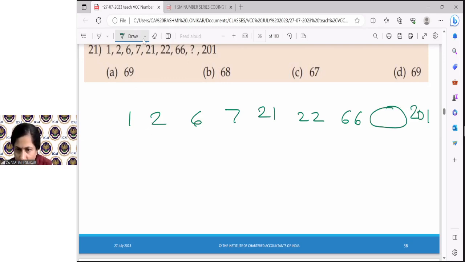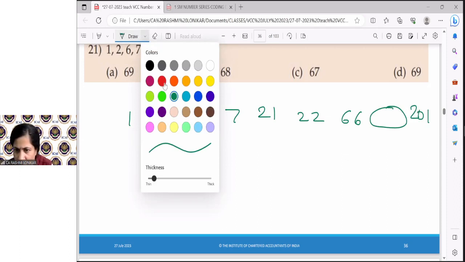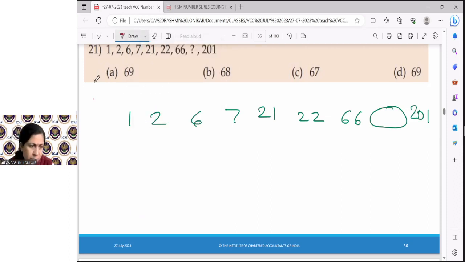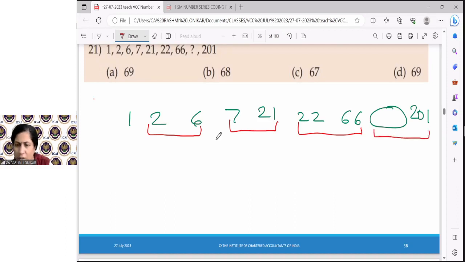Again, I try to find out whether I can make the pairs. 2, 3s are 6, 7, 3s are 21, 22, 3s are 66, something, 3s are giving me 201.